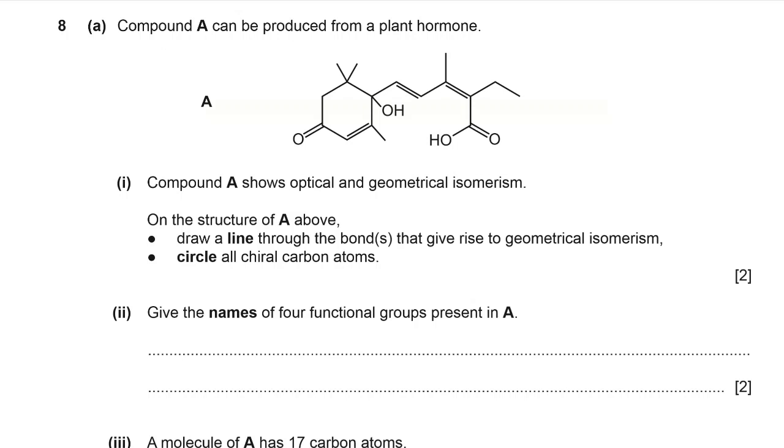In question 8, compound A can be produced from a plant hormone. Okay, we have this one. Compound A shows optical and geometrical isomerism. Geometric means cis-trans. Optical, you need to find the chiral center.